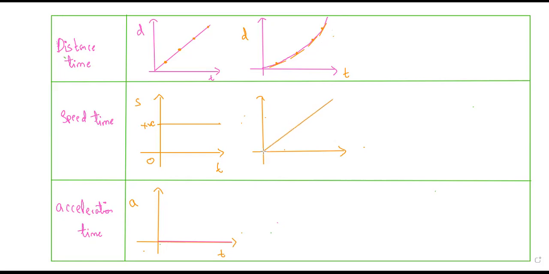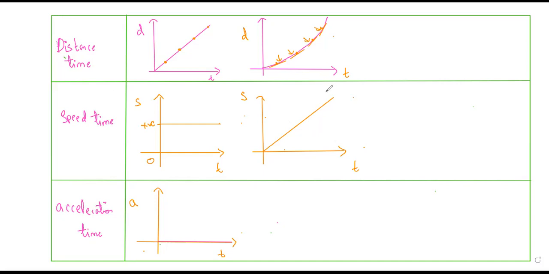So this is what I am going to have for the speed time graph. Again, the speed is not constant because the steepness of the tangent lines is increasing as I'm going upwards. That means the speed would be changing, and that is what I have, the speed is increasing.